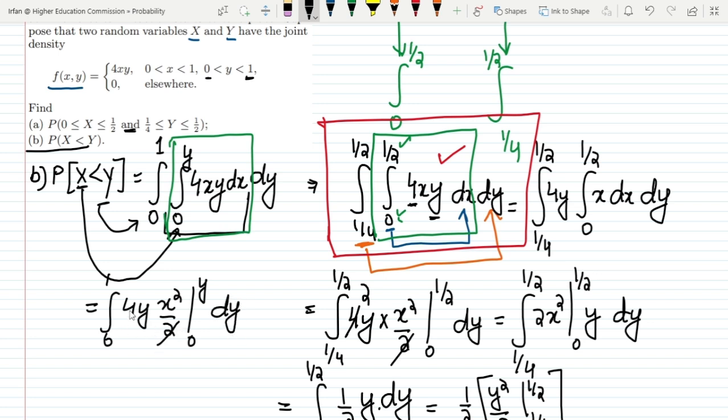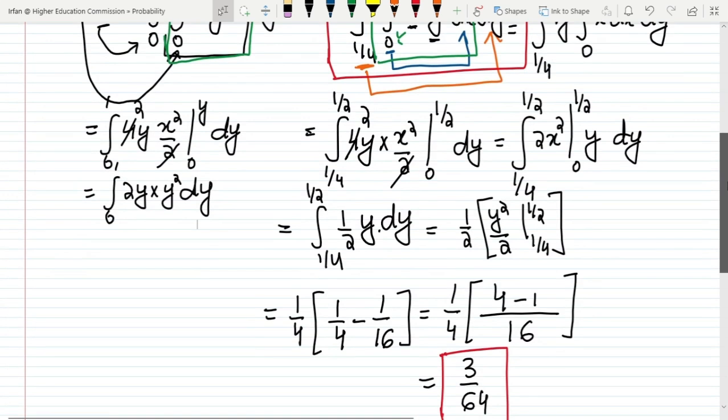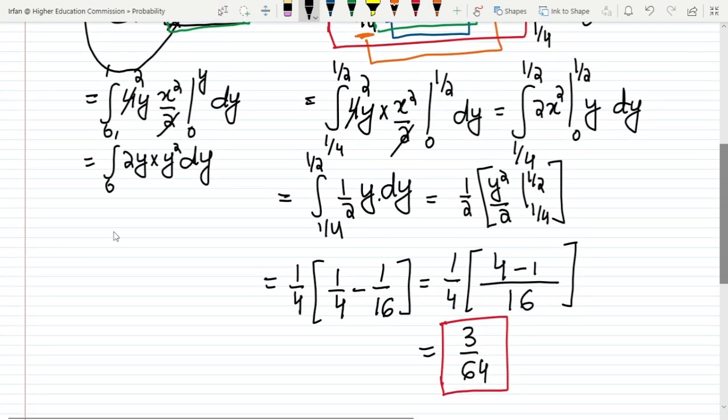So these two will cancel out, here it will be 2, and here I will have the integral from 0 to 1 of 2y, and putting this limit here I will get y squared, dy. I hope you have got the concept of solving it.